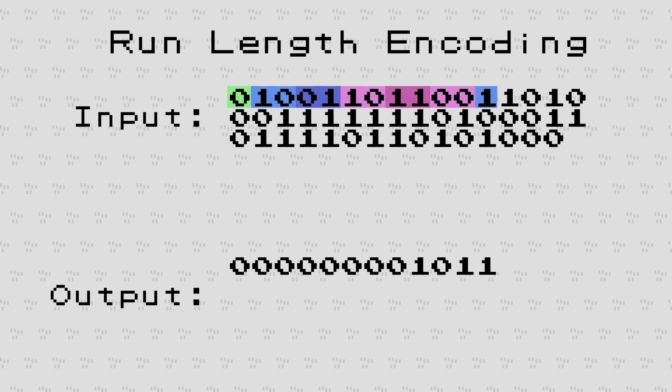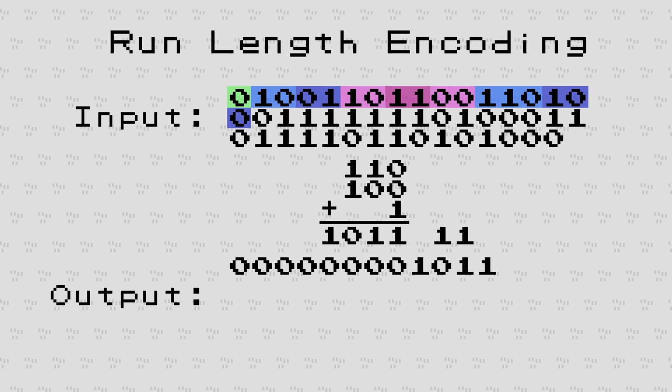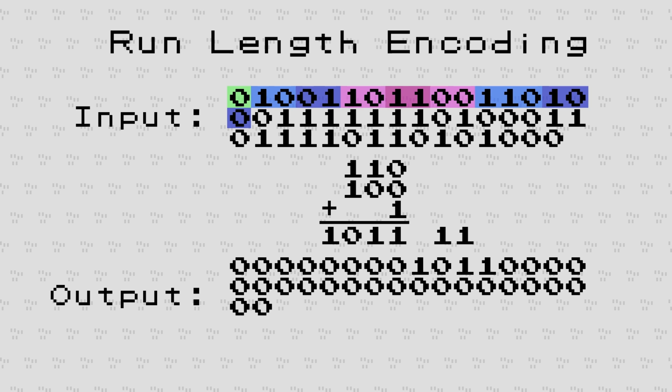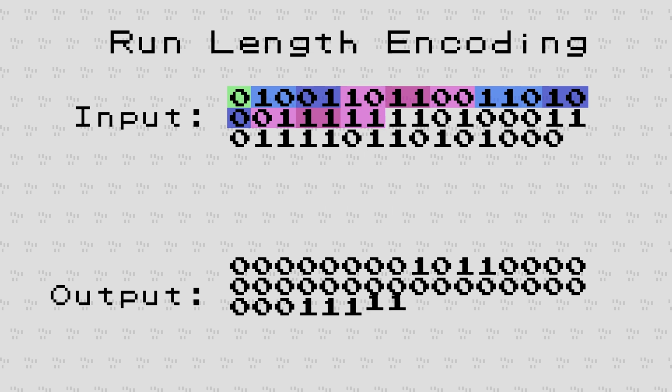Then, another RLE packet. This time we read 2 1s and a 0 for a total of 3 bits. Reading 3 more bits gives us 1, 0, 0. 1, 1, 0 plus 1, 0, 0 plus 1 is 1, 0, 1, 1, or 11 in decimal, so 11 00 pairs are written. Back to a data packet, we copy over 0, 1, 1, 1, 1, 1, 1, 1, and 0, 1.